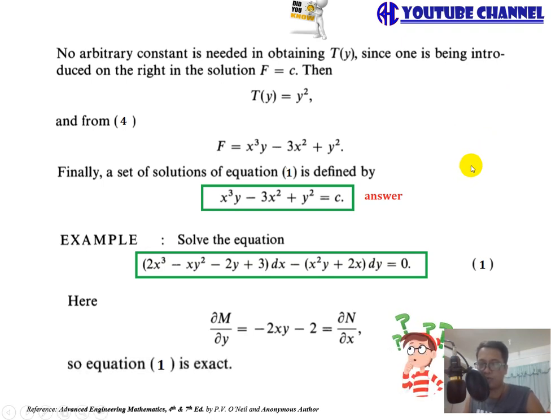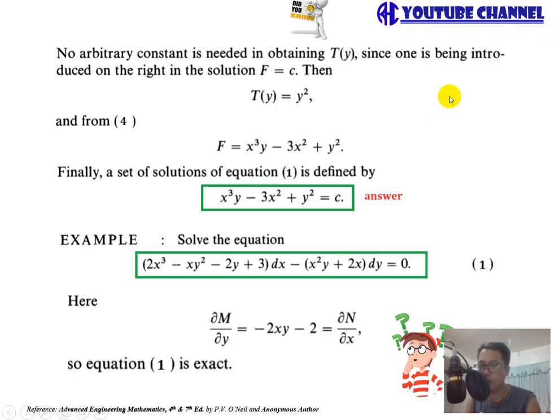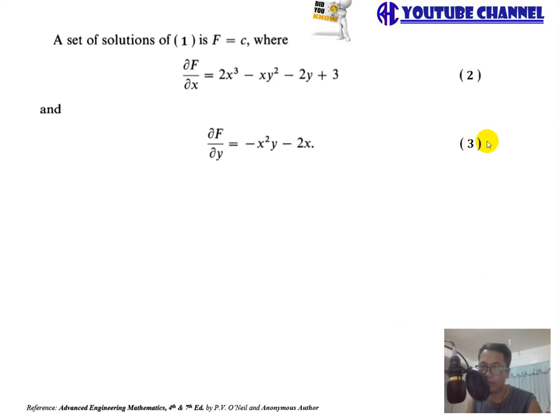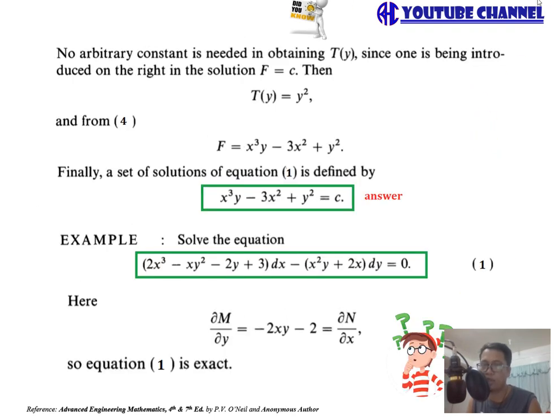Okay, let's continue. So, sa ngayon, check natin yung solution nila. So, of course, pipili muna tayo ng equation. So, ang pipiliin natin ngayon ay yung first equation, yung M. Ito yung gagamitin natin.